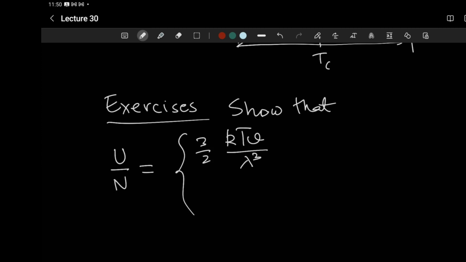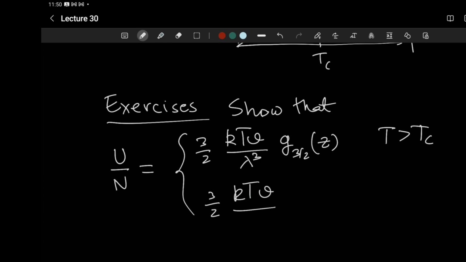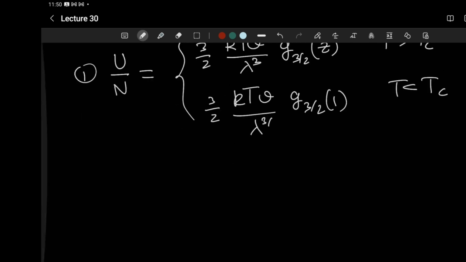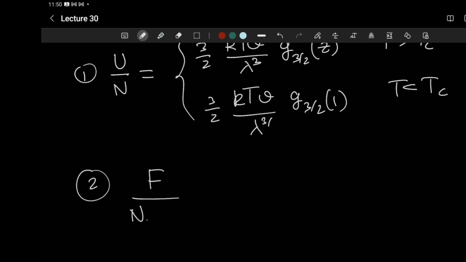Many of these things were straightforward from G of 3/2, I guess. So the top line will always be T less than Tc. The bottom line will be this thing, F by N k_B T.